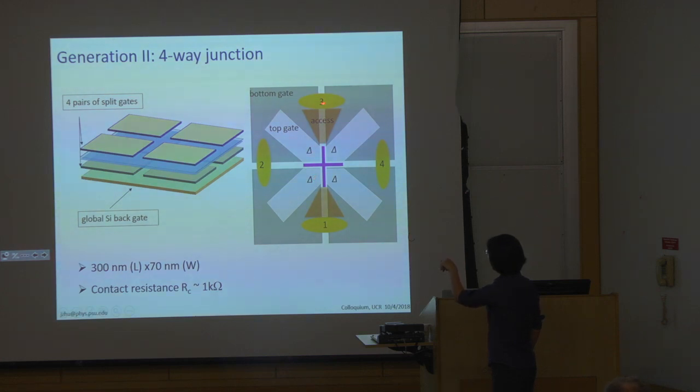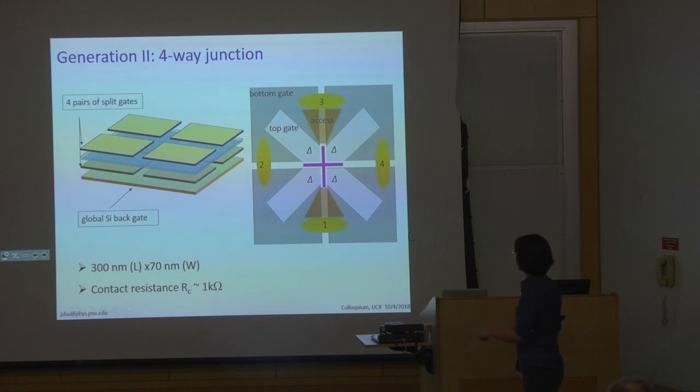We can send in current from any of these terminals through this heavily doped area and measure in any other terminal. We can also dope the bottom to probe just this one, rotate it around, studying all 4 wires, and ask: if I send a current in from one of these, which way does it go? That's the splitting that I'll show you.